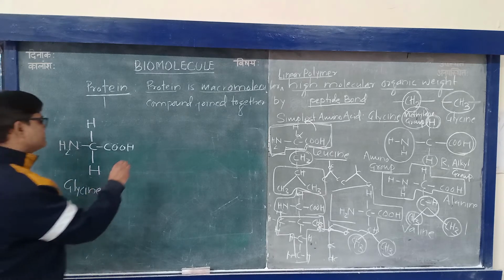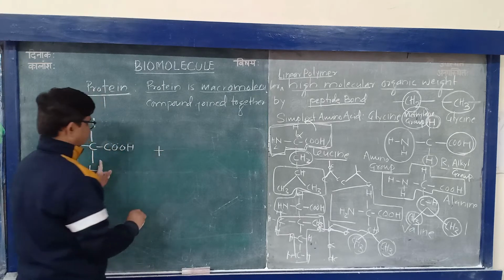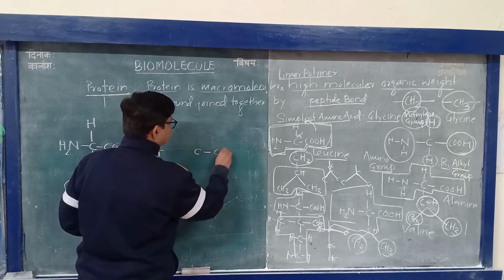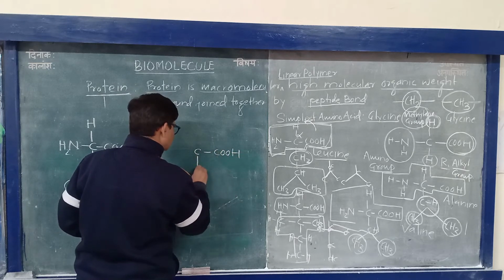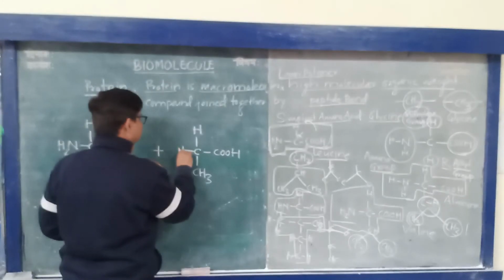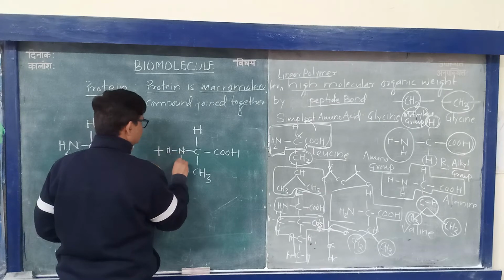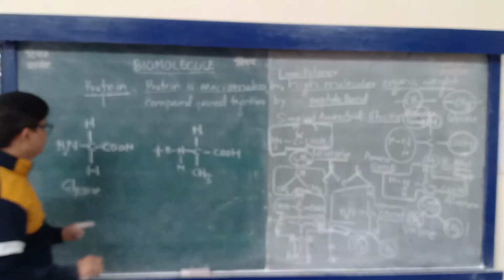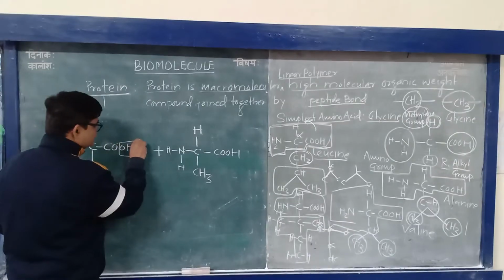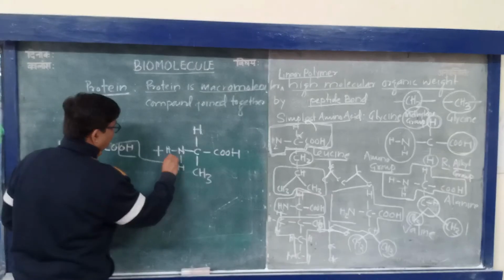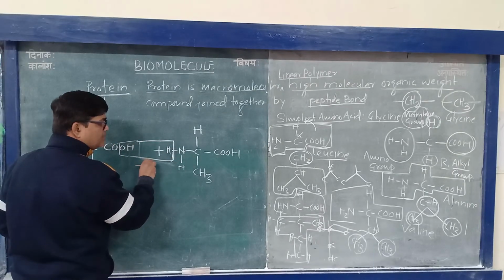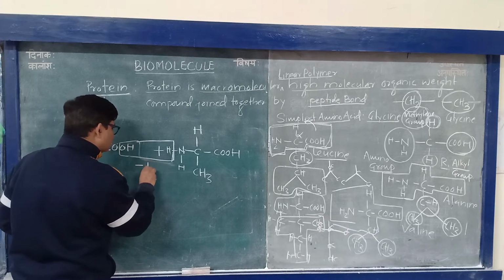Okay, and next I want to add another amino acid like COOH alanine. So you will add a CH3 group here, and then hydrogen and then the amino group. Okay, so if a reaction occurs, then these will combine and release water molecules.